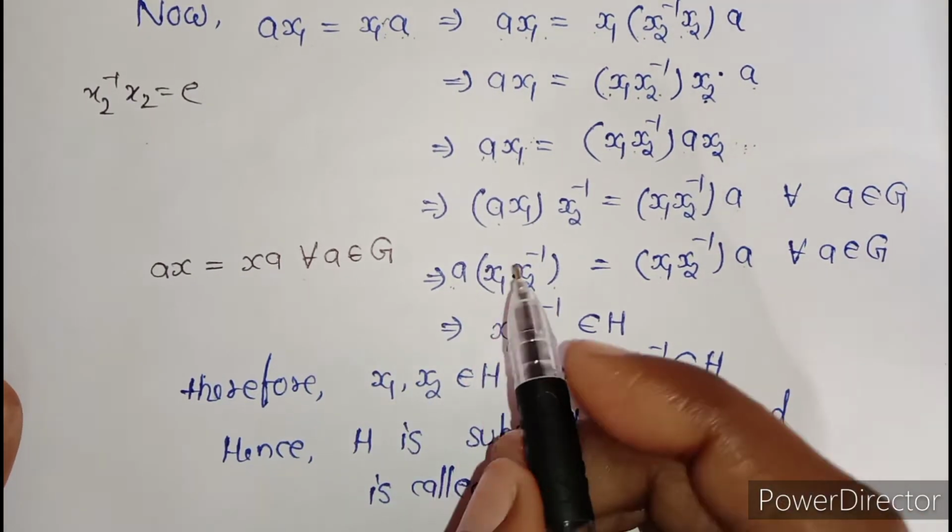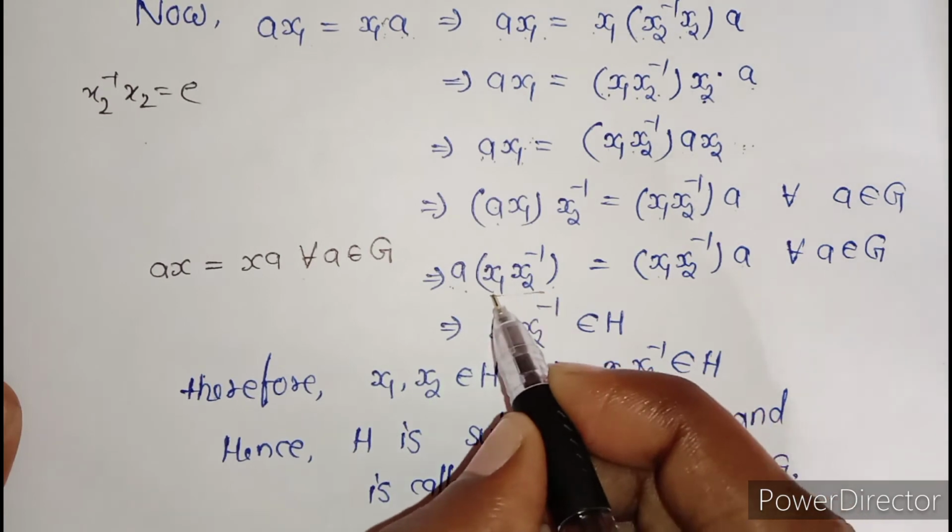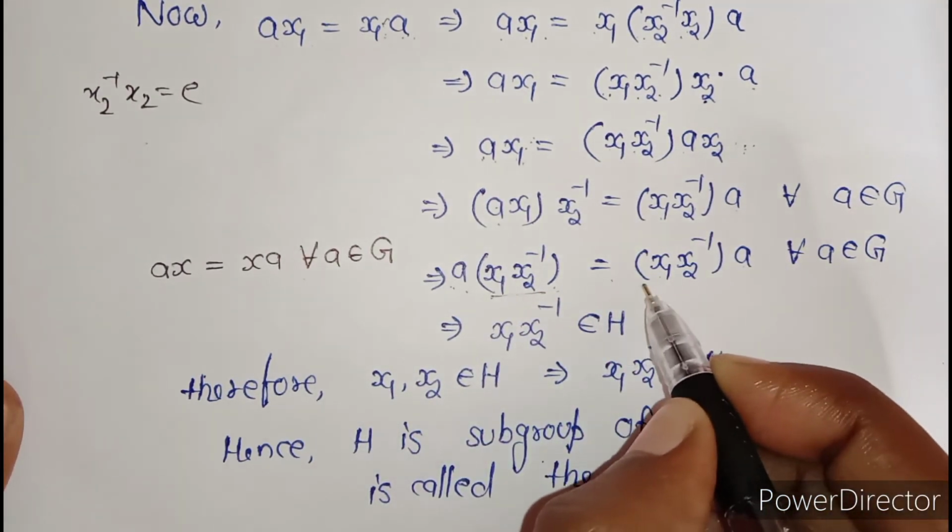So we can see that a·x is of the form ax = xa.